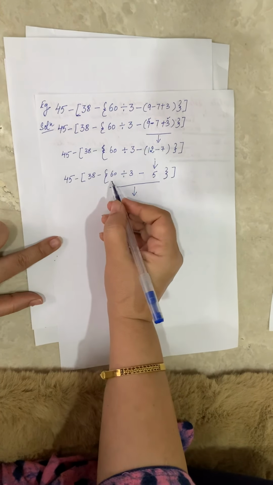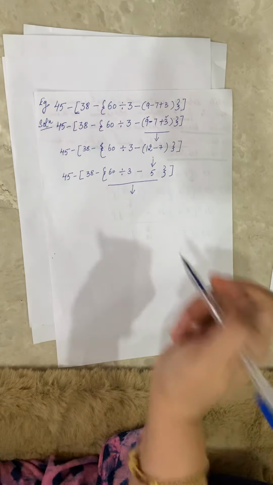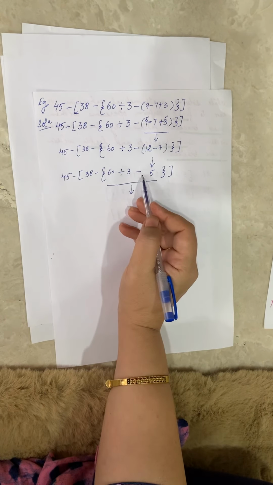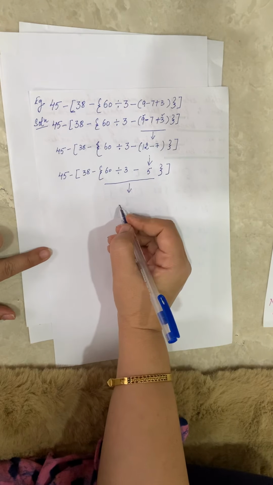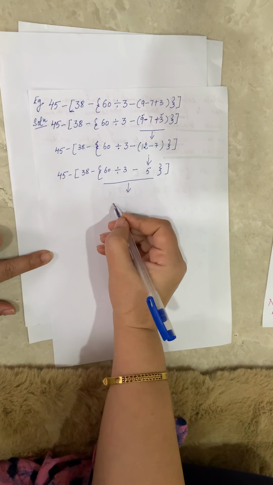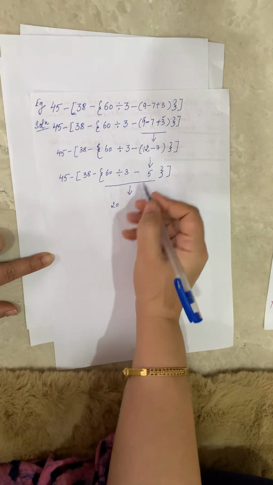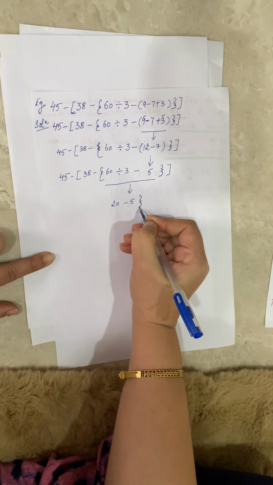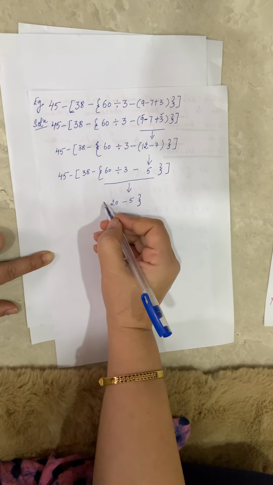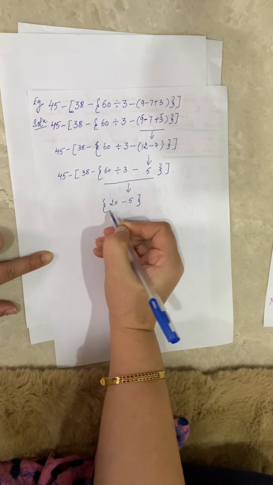So see the solution. 60 divided by 3. In this we have two operations, division and subtraction. Follow the DMAS rule. 60 divided by 3 is 20. 20, then I have to write minus 5 as it is. Then you can write the rest of the things the same.